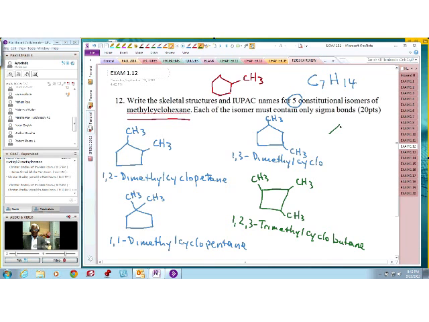For this here, the skeleton will be this. Just this and this. That will be the skeleton for that. For this here, this will be this here. That will be the skeleton for that.